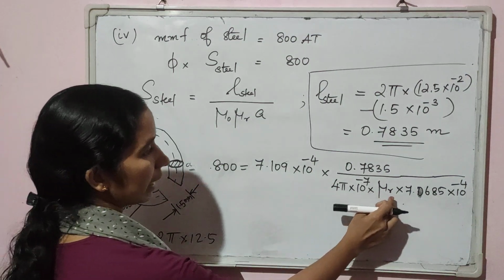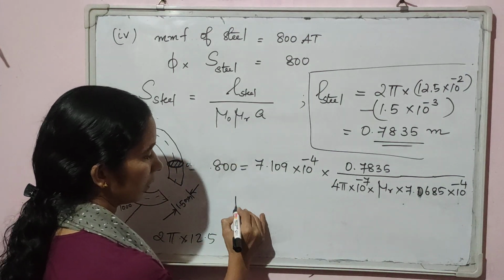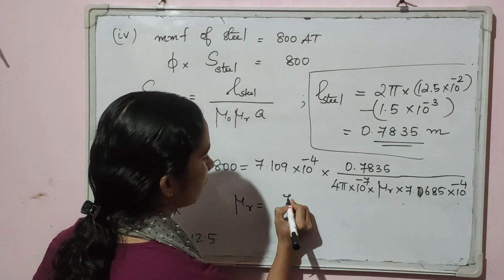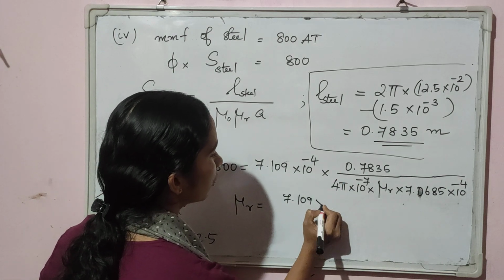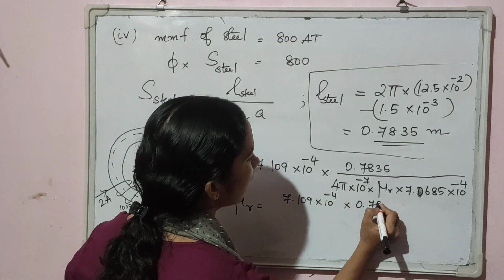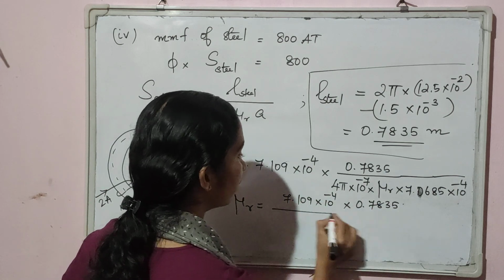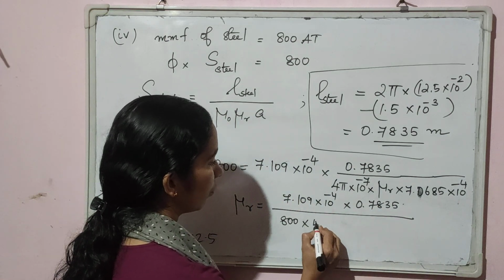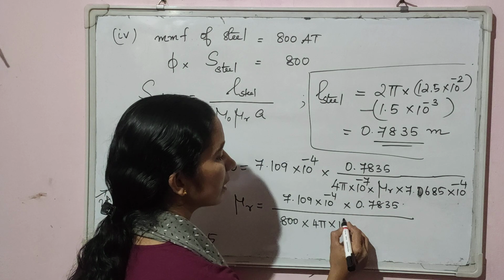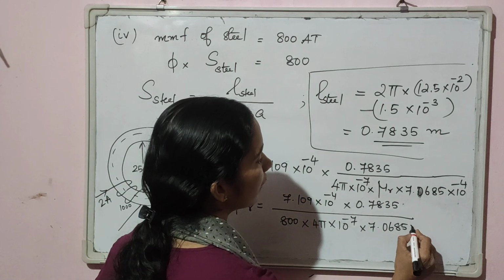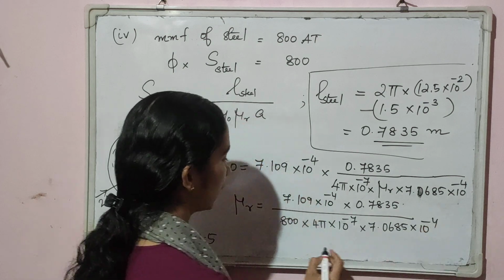So from this we can write the equation for mu r. Mu r will be equal to 7.109 × 10^-4 into 0.7835 divided by 800 into 4 pi × 10^-7 into 7.0685 × 10^-4.